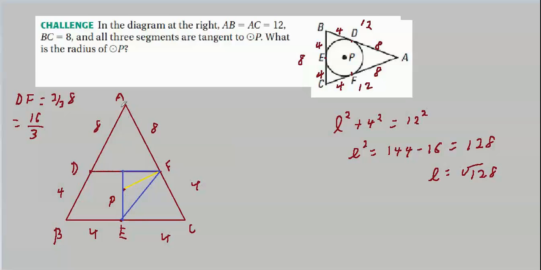So this altitude here still bisects DF, just like it bisects BG. Who cares? Well, we need to know that DF, we already decided, is 16/3. That means this half right here would have to be 8/3.